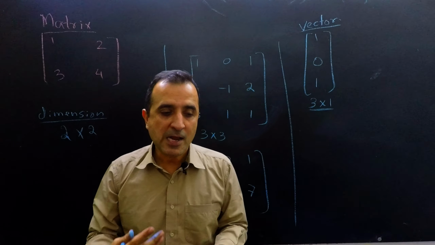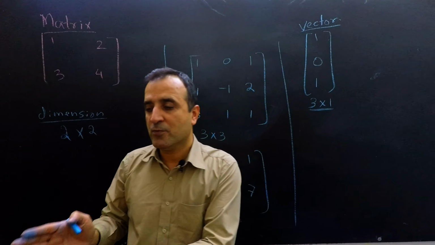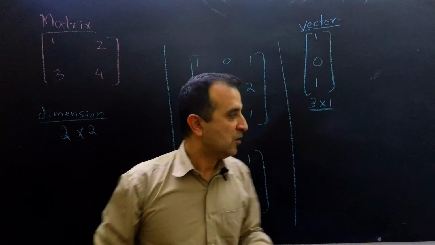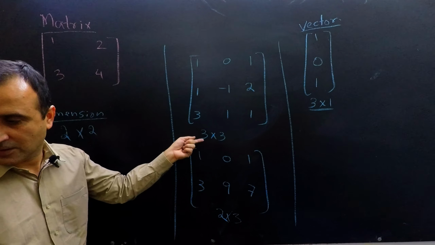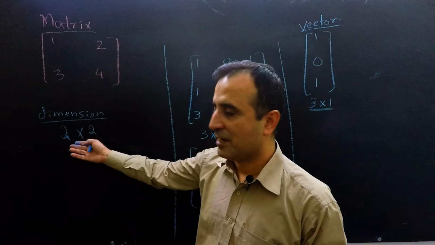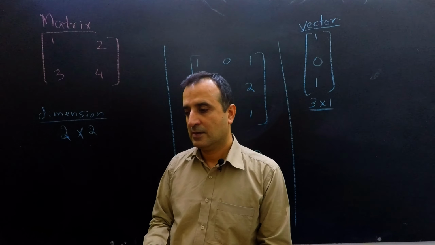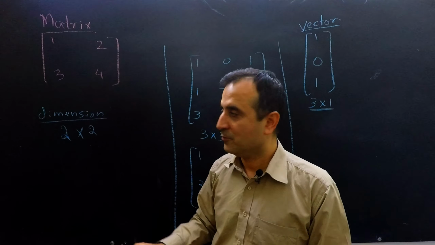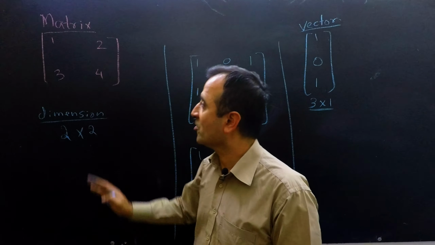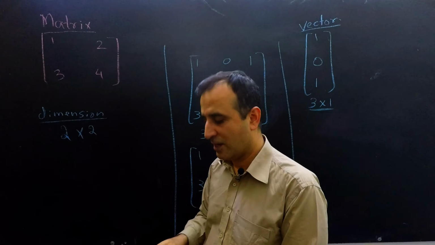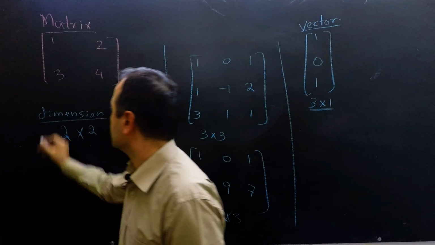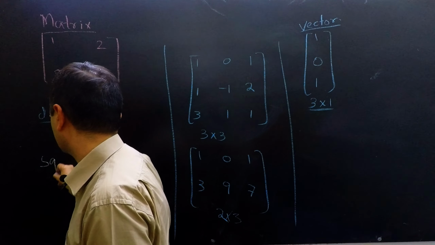Similarly, if a matrix has the same number of rows and the same number of columns, for example, this matrix or this matrix, such a matrix is called a square matrix. Because it is a square: same number of rows, same number of columns.